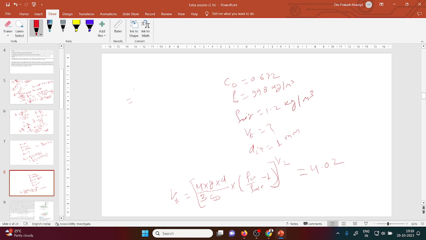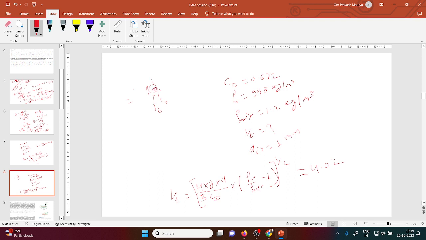Can you let's write it down for me? Suppose one drop is falling in the air, what will happen? Your drag force will act, right? Yes, sir. Your buoyant force FB will act, and your drag force FD, and the weight of the body is in the downward direction.